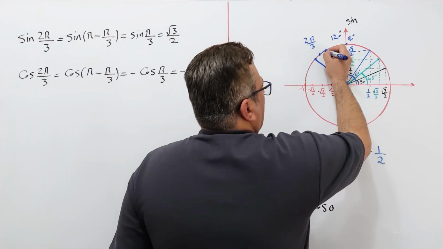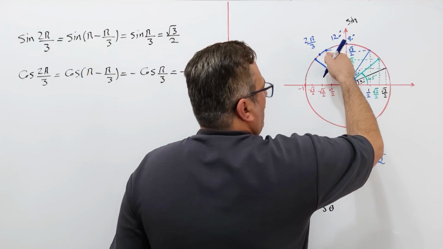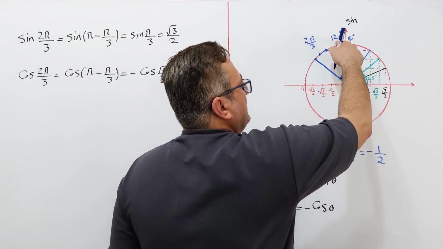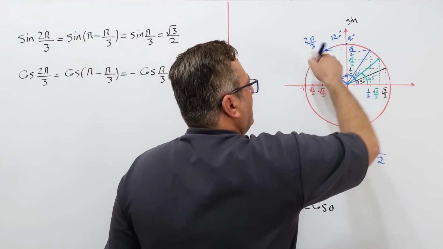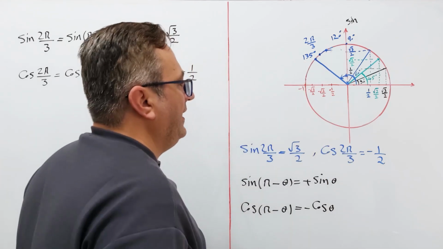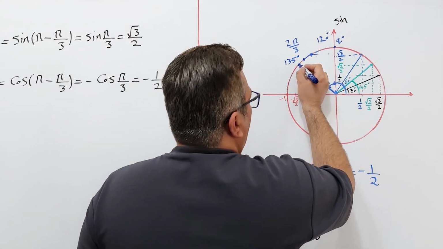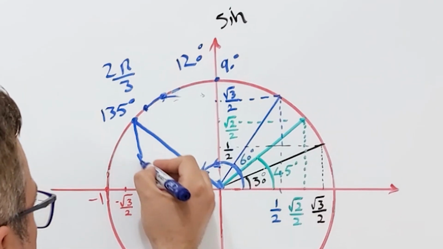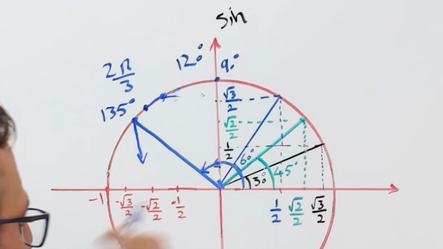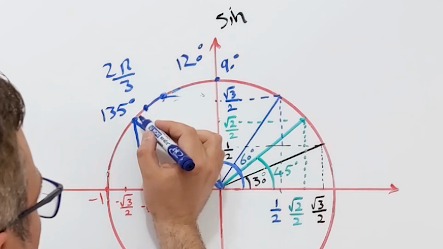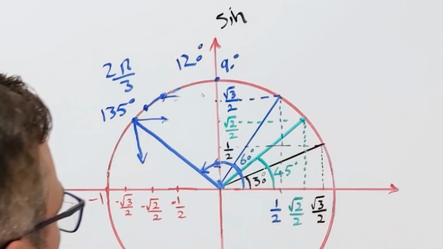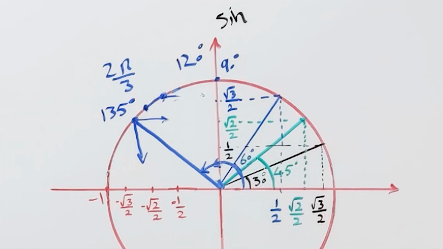We were at 2 pi over 3 or 120 degrees, and if we continue moving, we reach 135 degrees. Okay? And if I look at the cosine axis, we'll see minus the square root of 2 over 2. And if I look at the sine axis, we'll see the square root of 2 over 2.